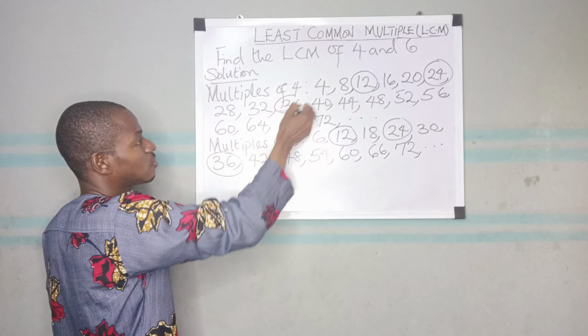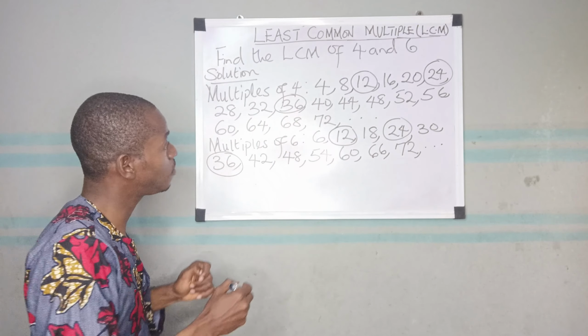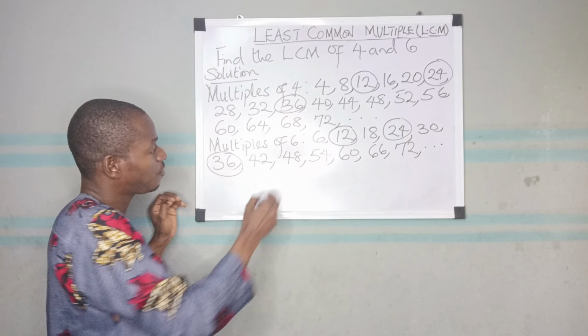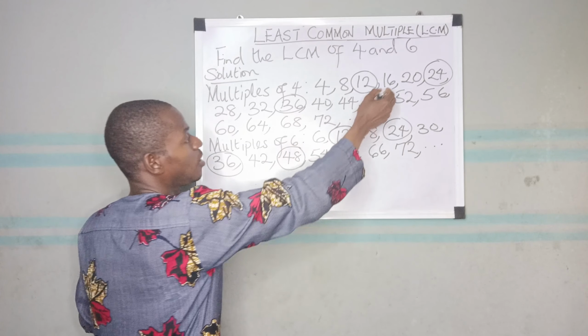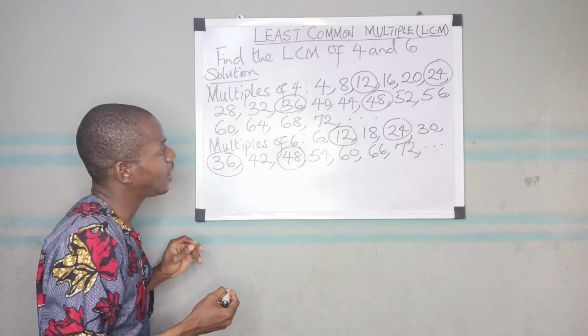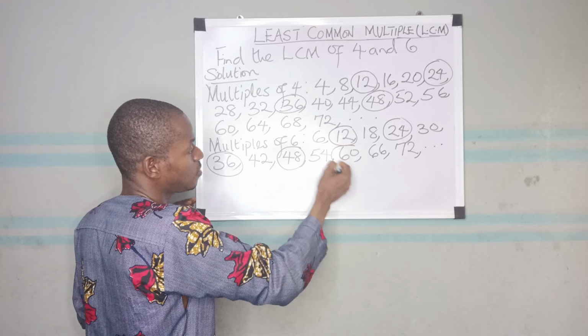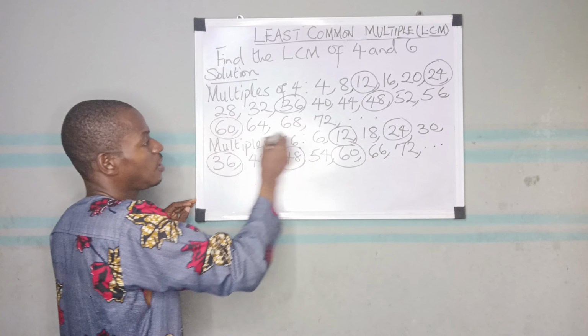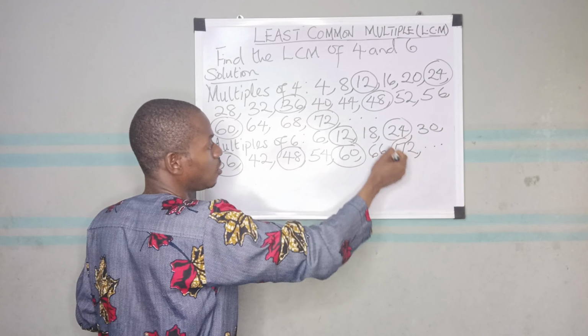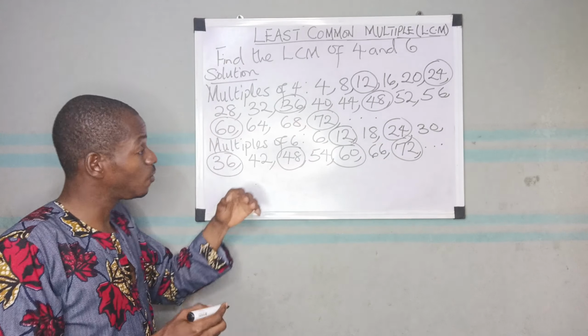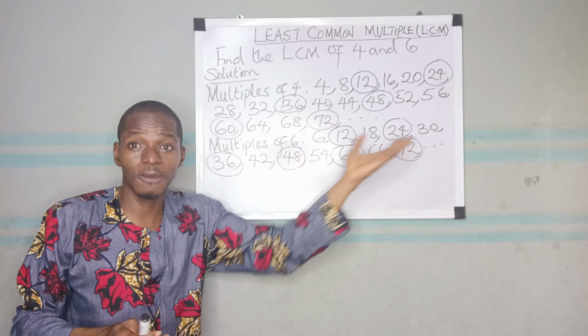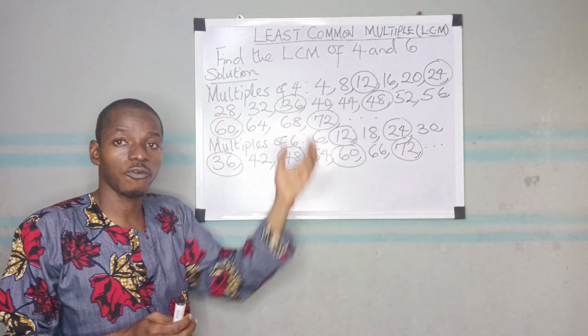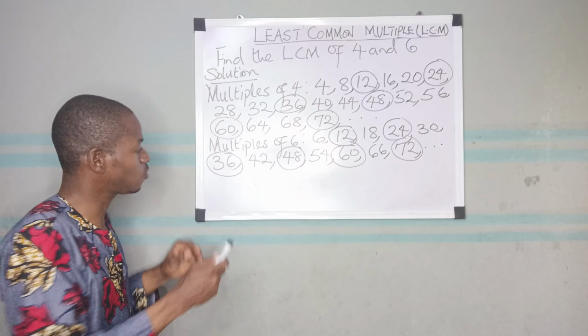Those are the numbers common to the two numbers. Now I can find 48. 48 is here. 48 is here. I can find 60. 60 is here. 60 is here. I can find 72 and 72. As we go on, we will see other numbers that are common to 4 and 6.